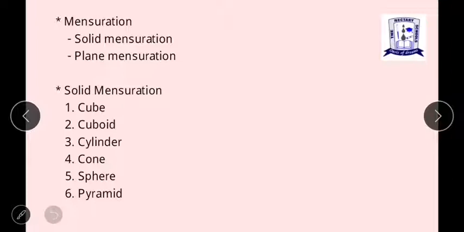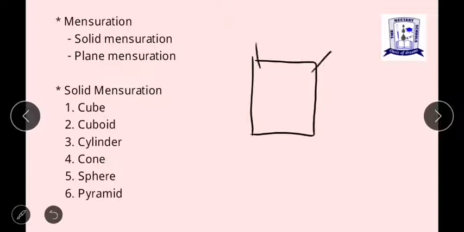Examples are square, circle, rectangle, triangle, and so many more. A square is presented on a plane surface, something we can see. We can see all the edges that bound a square.